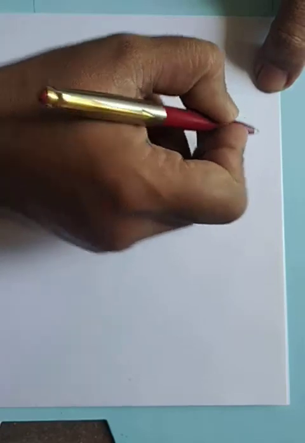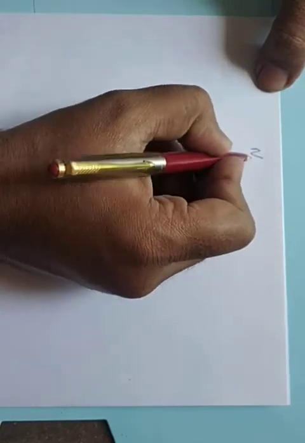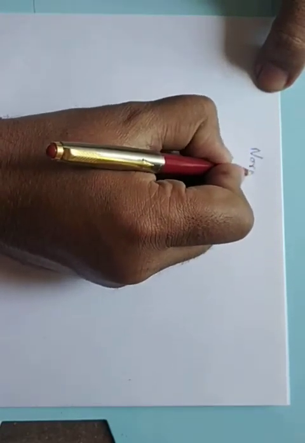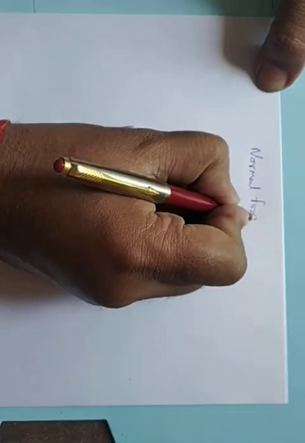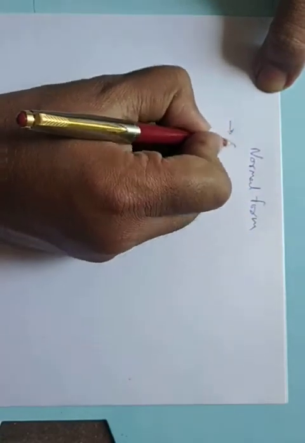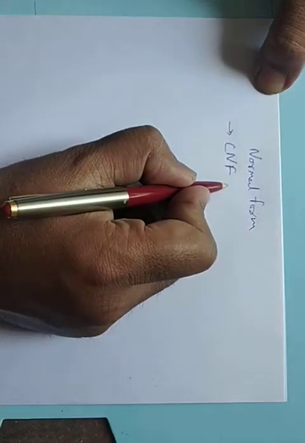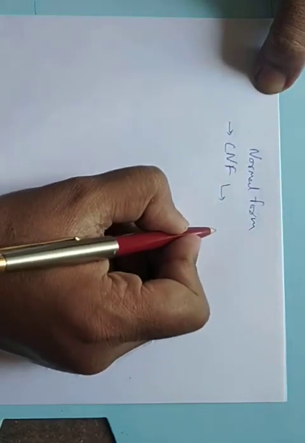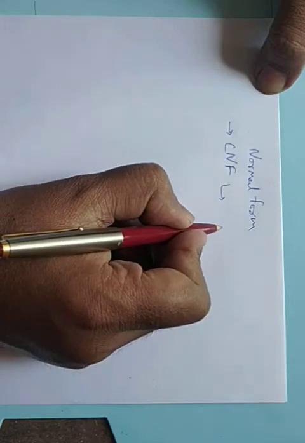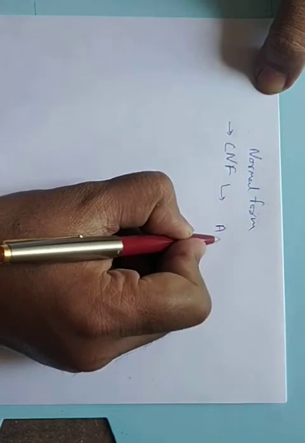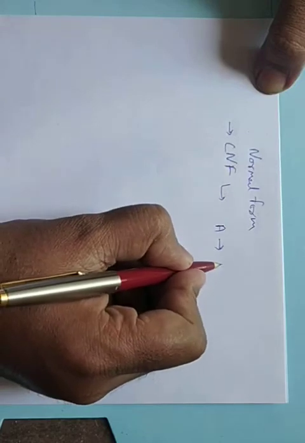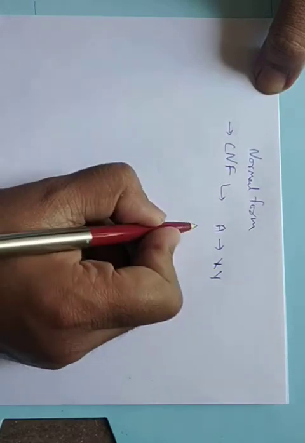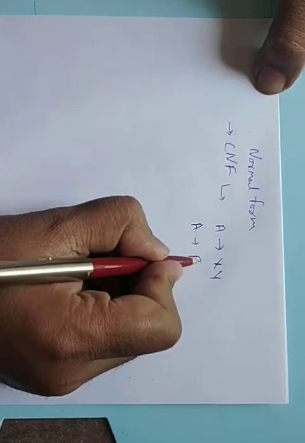Let's first of all discuss what we had done in our previous lectures. In previous lectures we started our normal forms, in which we discussed what Chomsky normal form is. It says that any production in Chomsky normal form will be of two types: A produces XY, or A produces beta.